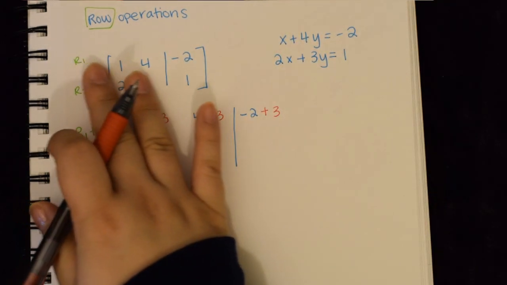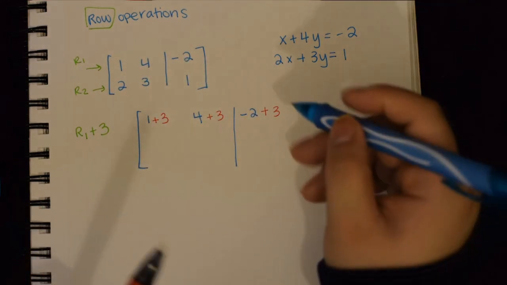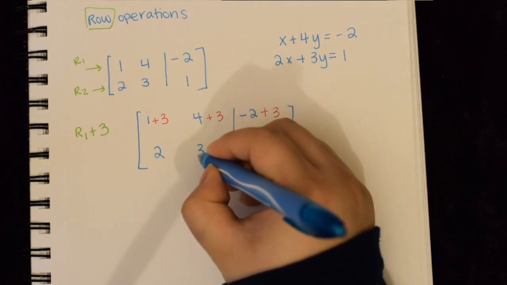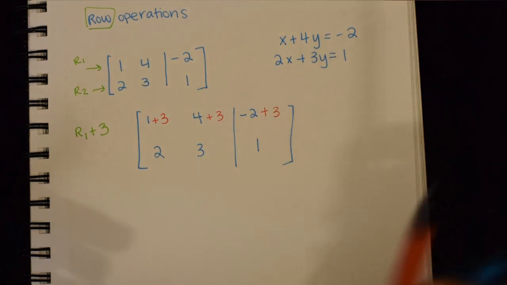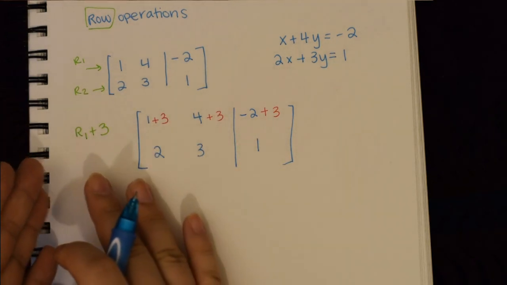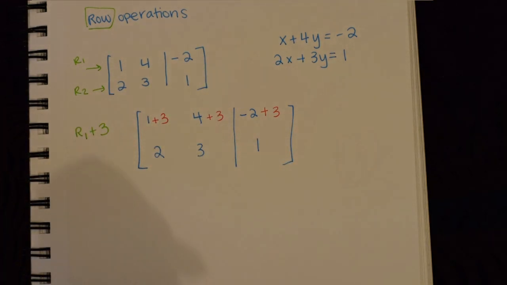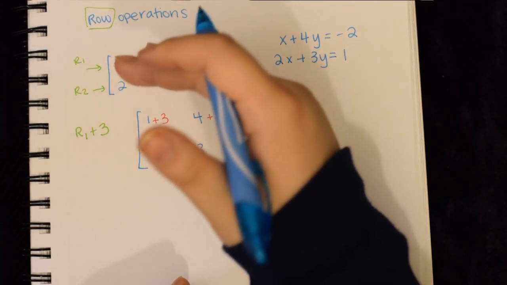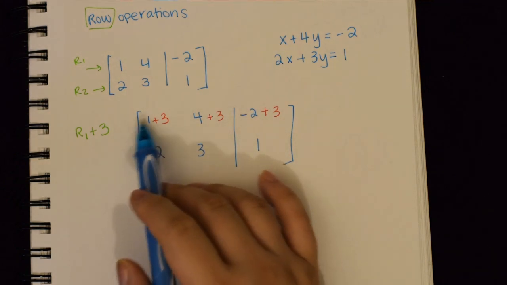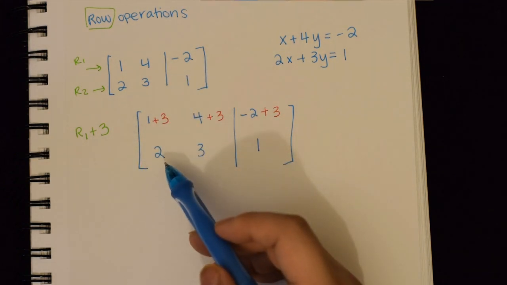Okay, so again, every element of the row. And then we can just keep the second row as it is. So again, one row at a time. Or you can do them simultaneously if you can keep track of that. But if you really want to write one row at a time, you would change one and then you would change the next.